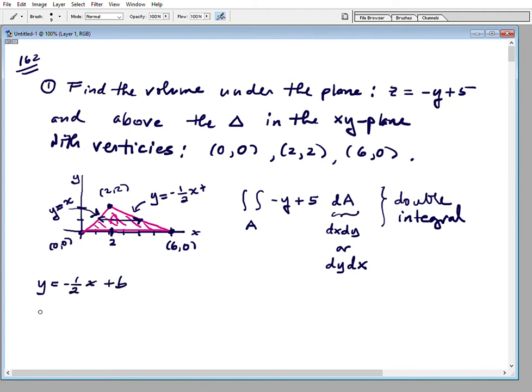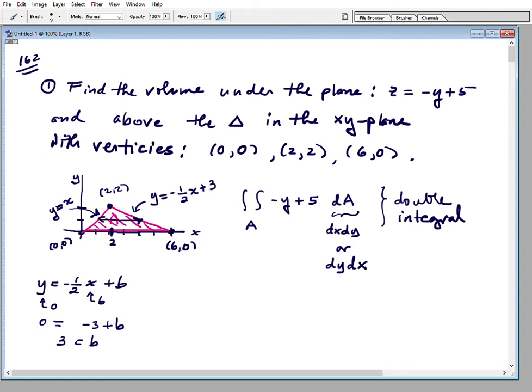So 6, 0 is on the line, so we can substitute in 6 here and 0 here. Minus 6 over 2, that's minus 3. So we see b is equal to 3. I'll put a 3 here.